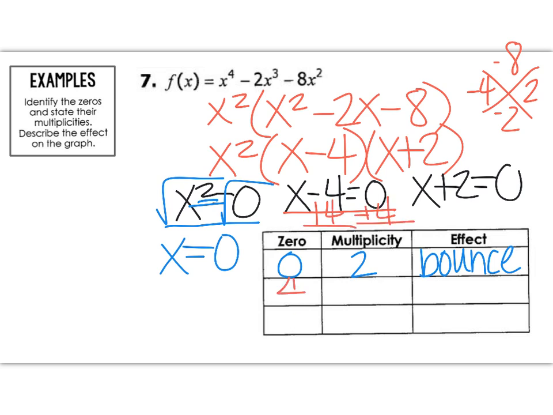Our 0 is 4. It only occurs once, so its multiplicity is 1, and we know that it's going to cross or intersect. Last but not least, subtract 2 from both sides. Our 0 is negative 2. It only occurs once, and it's just going to cross through this 0.